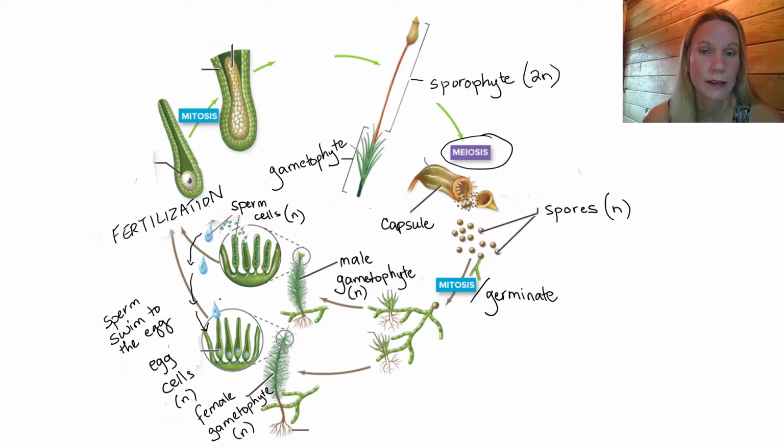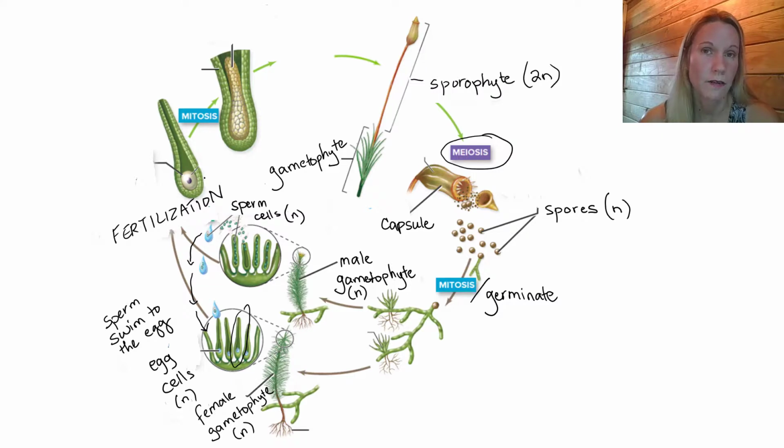Now in the top left, they're increasing the size of one of these female gametophytes. So we're looking at one of these female gametophytes zoomed in under a microscope. It's the only way you can see that.